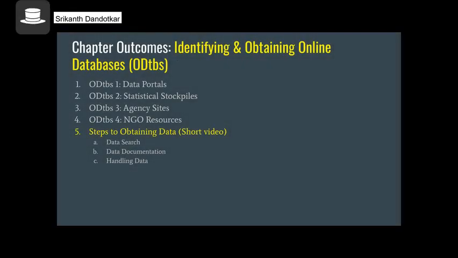Okay, so once you have identified data from these data sources, the next thing is how to obtain the data. In other words, how to get the data that you've identified, download it and use it, and what are the first quick things you can do to make sure the data is reliable.